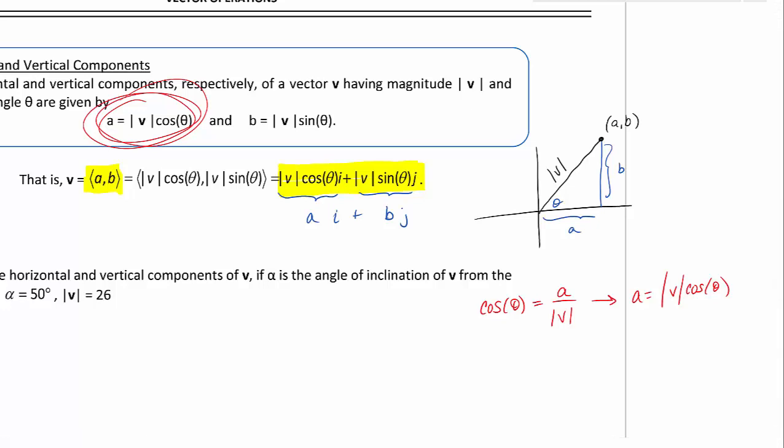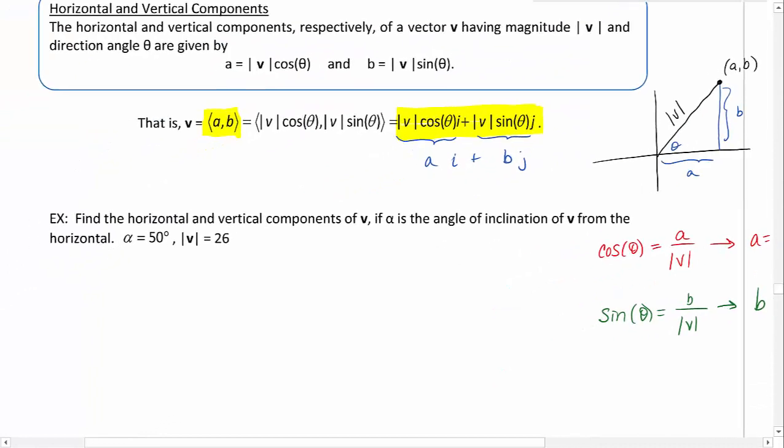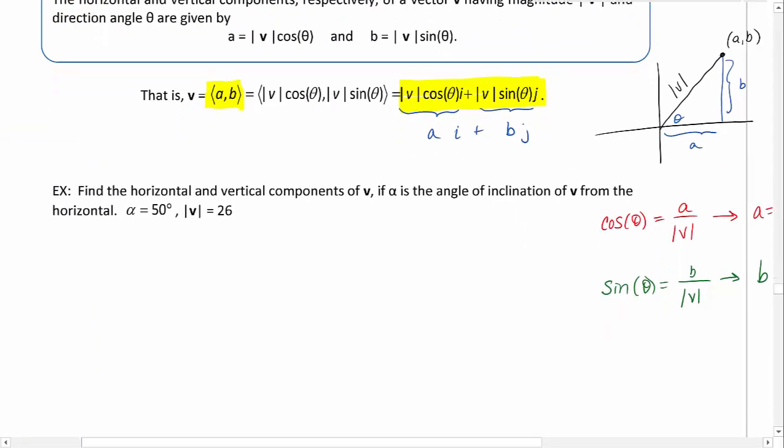Similarly, sine is equal to opposite over hypotenuse, and then we solve for b, we get b to be equal to the magnitude of v times sine of theta, and that's the other part of our rule for horizontal and vertical components. So that's where it comes from. It's just coming from SOHCAHTOA. You'll definitely want to remember those, but if you forget, you can always derive them.